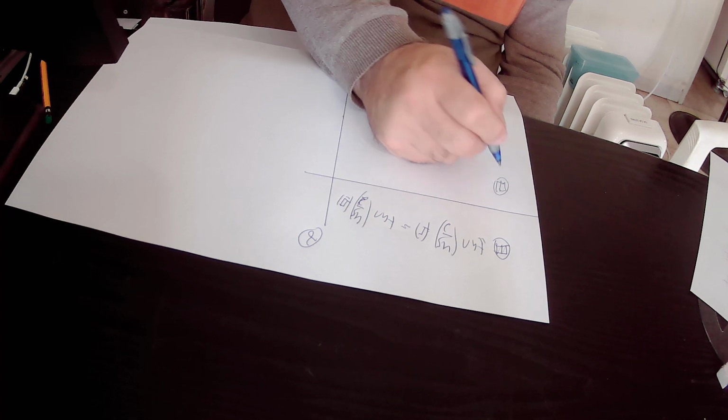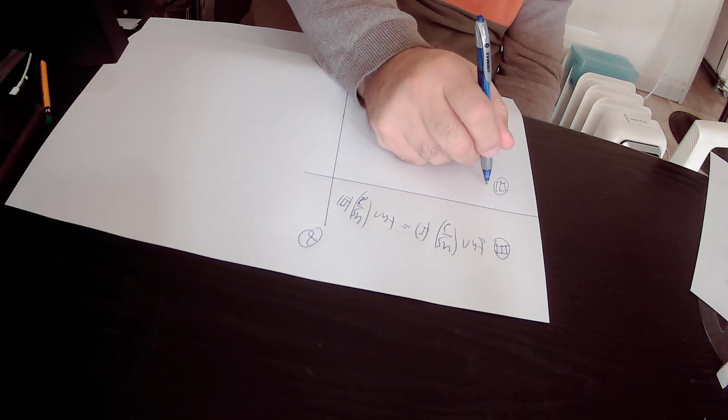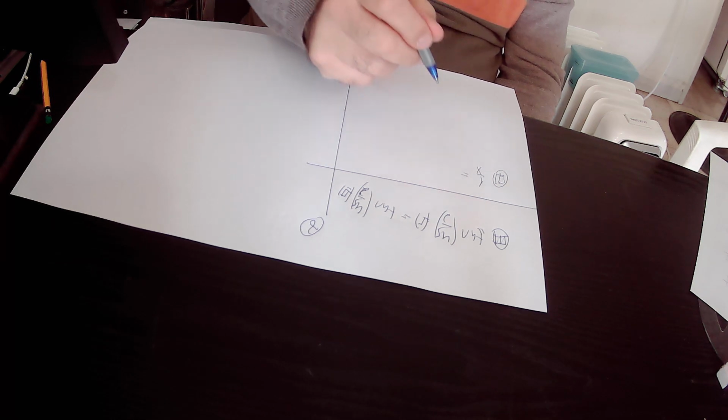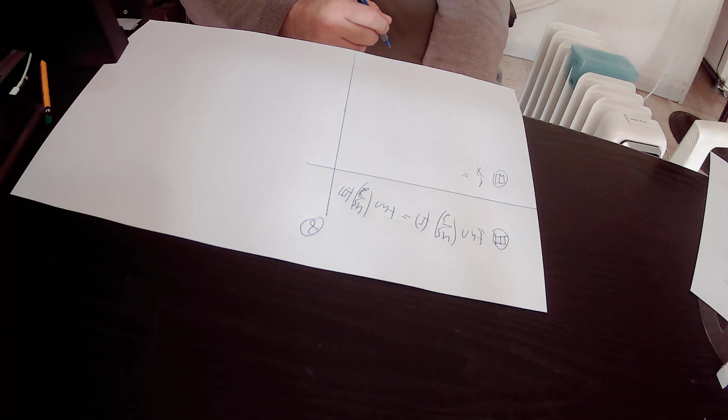So tangent 45 over 2 degrees according to equation number 1 is 1 over x, and it must be equal to tangent 45 over 2 degrees according to equation number 2, which is actually square root of 2 minus 1.